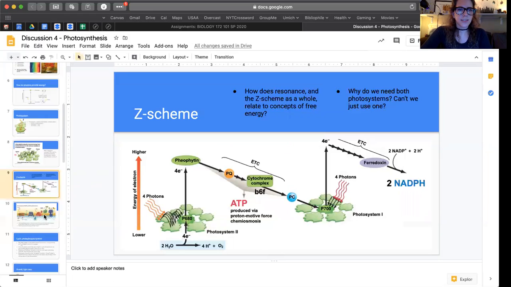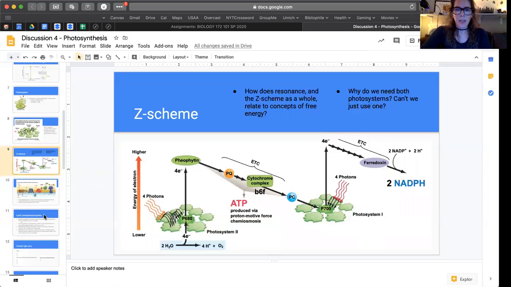So this is a figure of the Z scheme. And this gives a broader view, I think, of how this energy is powering photosynthesis altogether. Here we start with water and light as an input. The light, in the form of photons, is undergoing resonance.